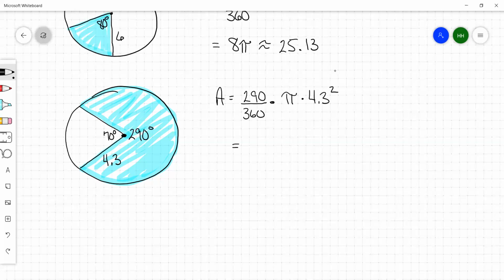So 290 divided by 360 equal sign times 4.3 squared equals 14.89 pi. And that 14.89 as a decimal rounded to the nearest hundredth, you push times and the pi button and equals 46.79. And again, those are your two answers.